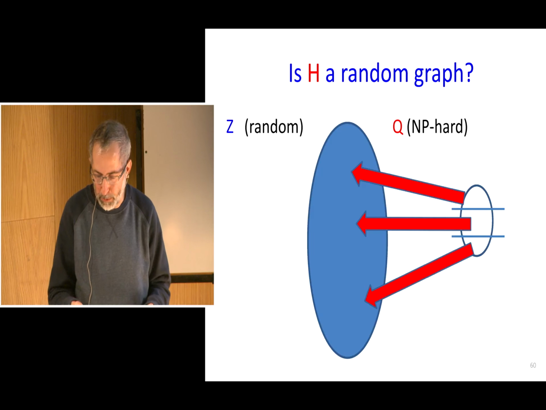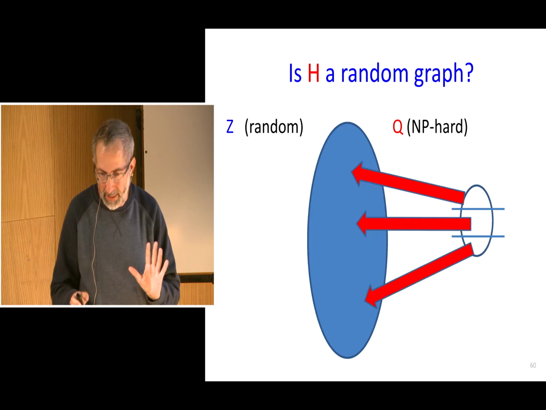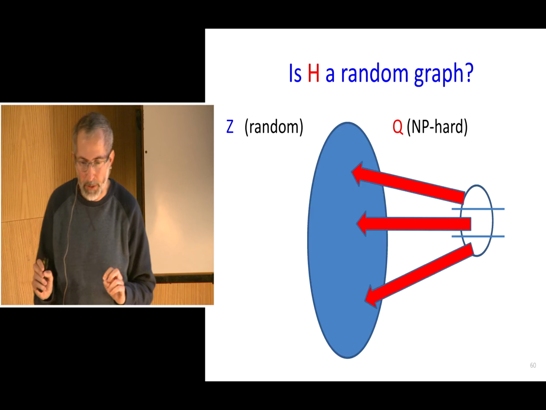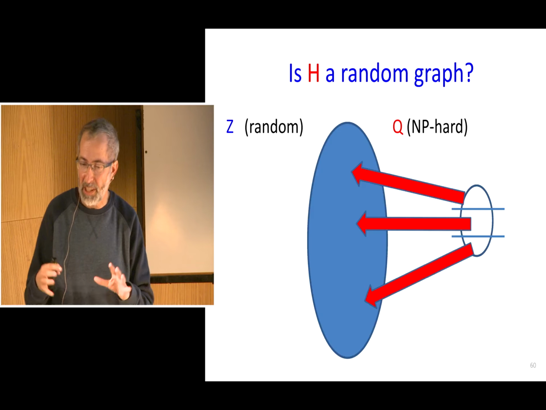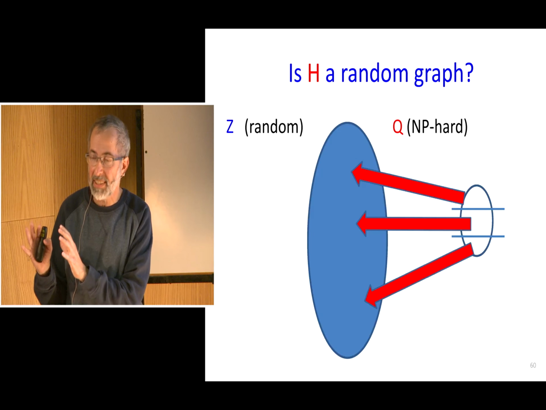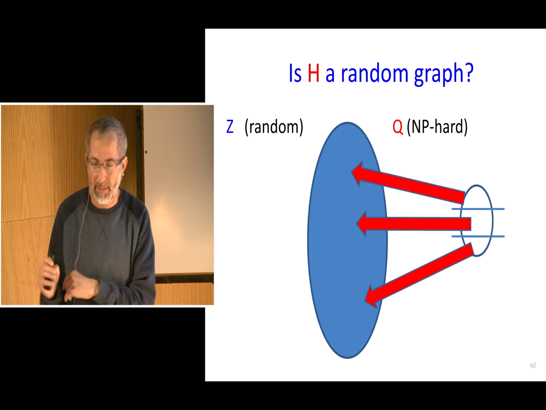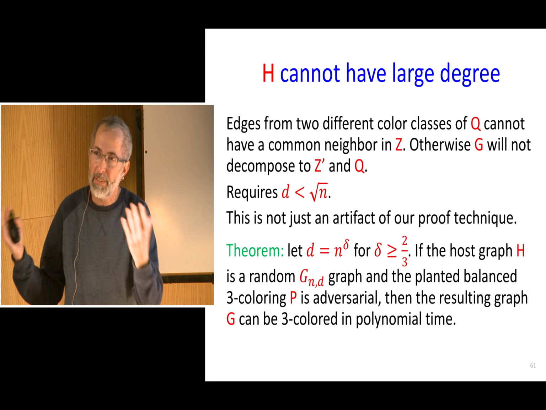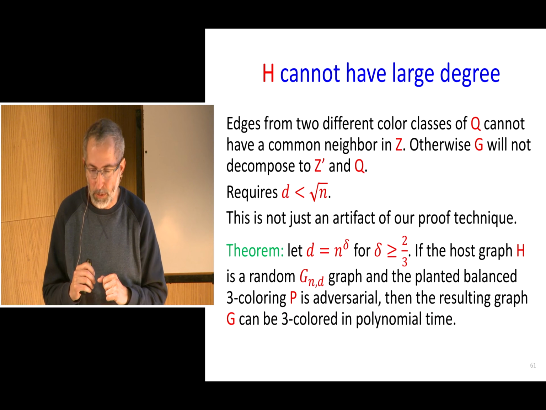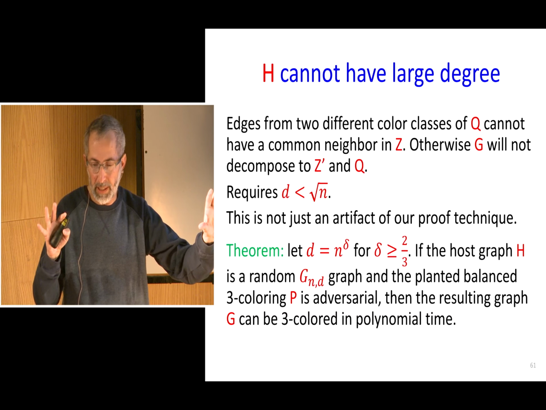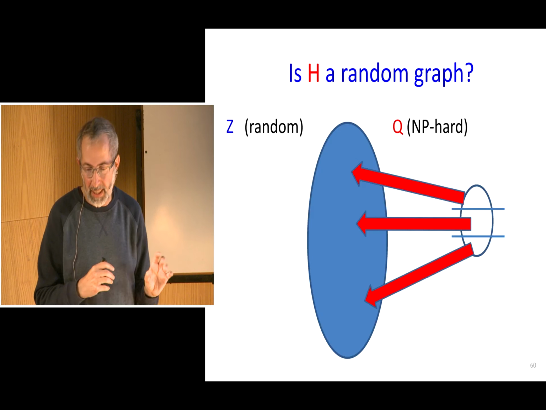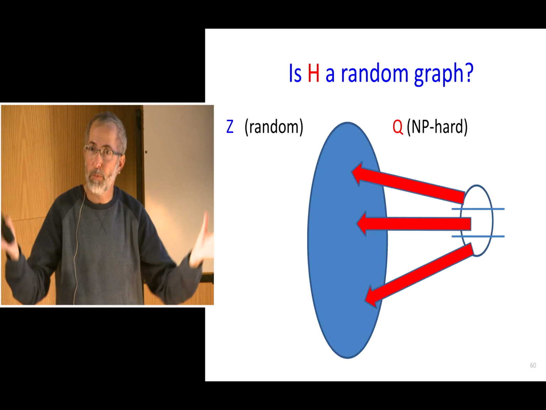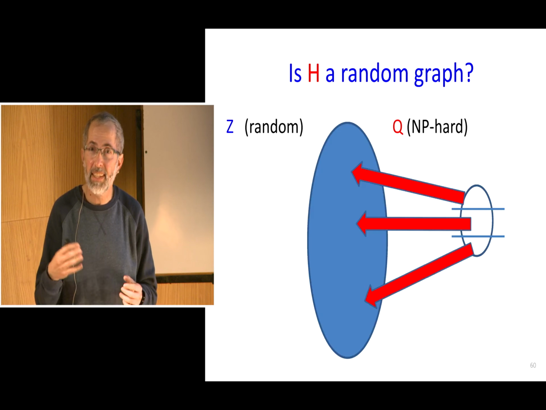I'll not give more details. The main lemma is the following: the graph G, which is what we give to the algorithm, is a disjoint union of this small balanced graph Q of average degree 3.75, from a family of graphs which is NP-hard to color, and a random graph in which you planted the 3-coloring. This input graph is statistically indistinguishable.